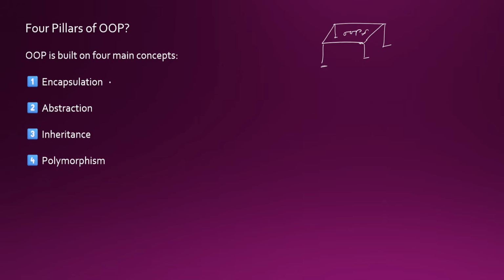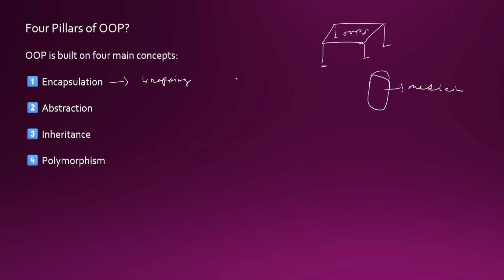Okay, what is encapsulation? Encapsulation means wrapping. Okay, wrapping. That means, suppose, just imagine a tablet, you know tablet, that is medicine tablet. Now this tablet basically wraps all different types of medicine inside it. Okay, that means this tablet is wrapping all the medicine inside it, right?